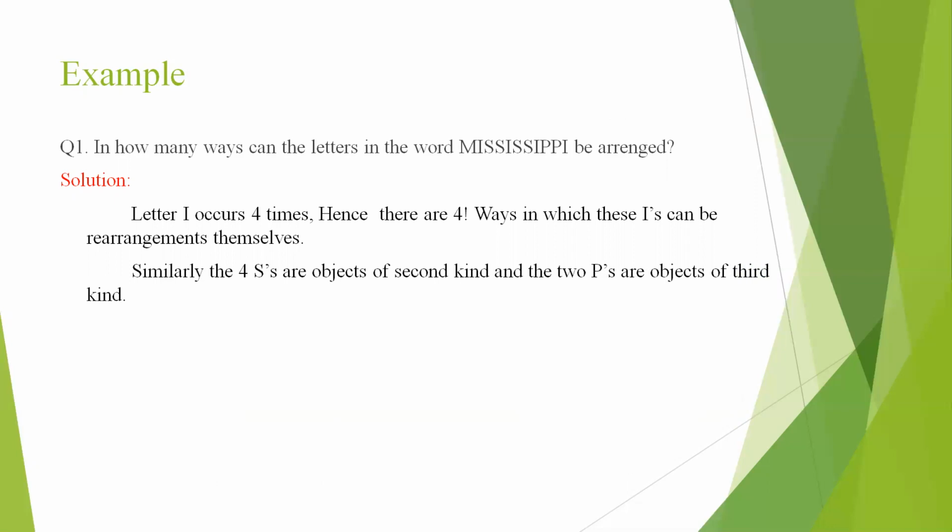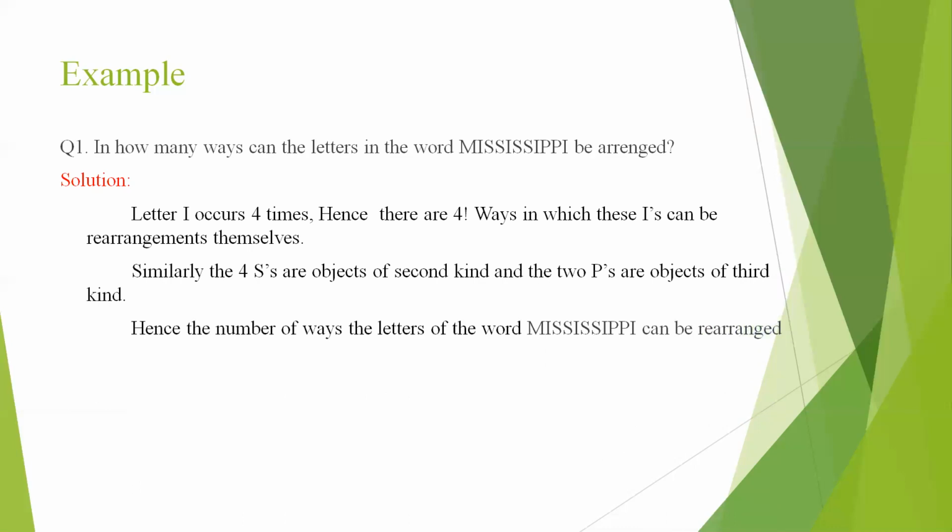So if we put all the values of S, I, and P into the formula, then in this word the total letters are 11, and the formula is 11 factorial upon 4 factorial into 4 factorial into 2 factorial.